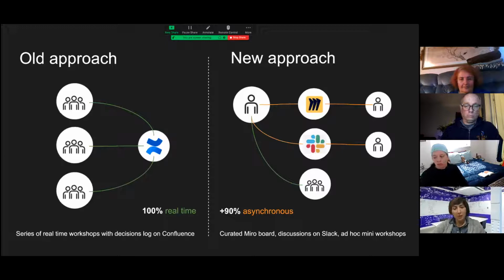The problem with this approach was that it required lots of people to be in the same room at the same time. We are around 10 designers, for instance, and that was quite time consuming because there are many things to do. And especially now, because of the lockdown, it was really difficult to have the same people at the same time in the same room or even in the same Zoom call.